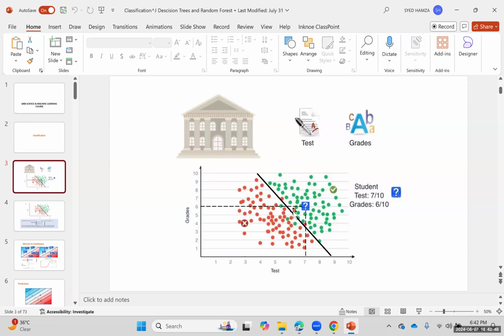This type of algorithm, where you get a straight line like this and you get two regions out of it, is known as logistic regression for classification. Classification can be done with multiple algorithms, just as in regression we have linear, nonlinear, multilinear, and polynomial regression.